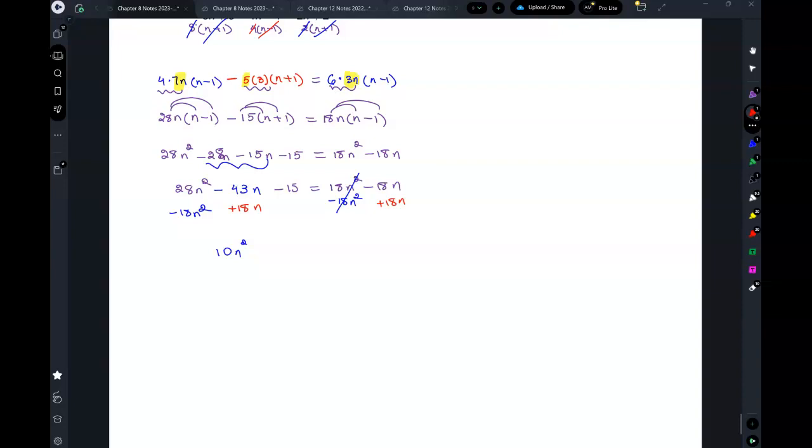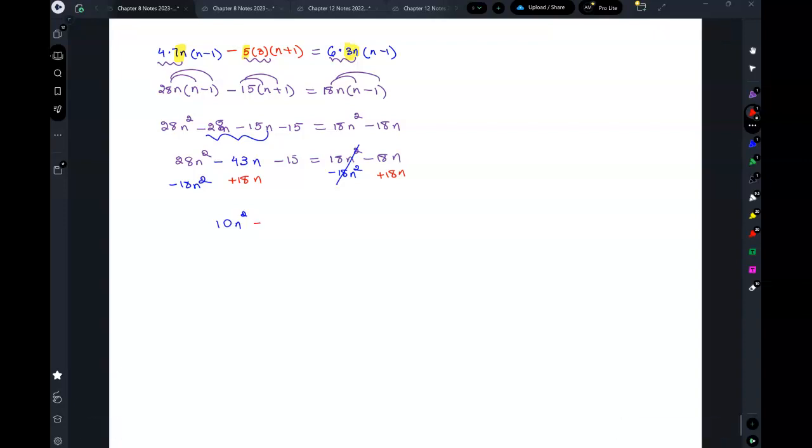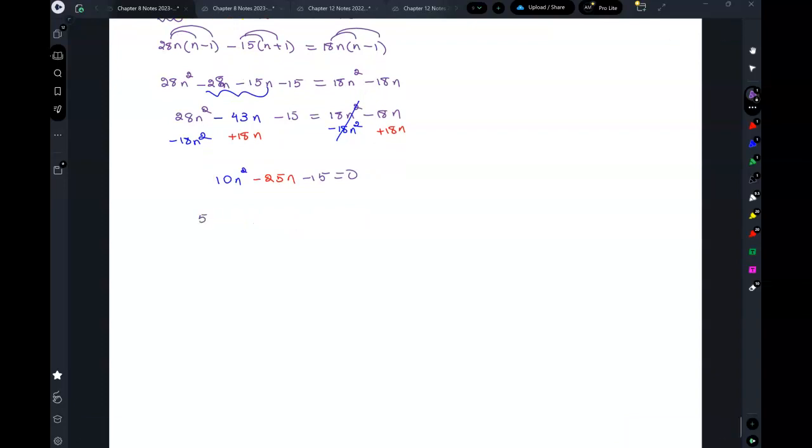Negative 43 plus 18, 25. Now we can take out a 5. Good.